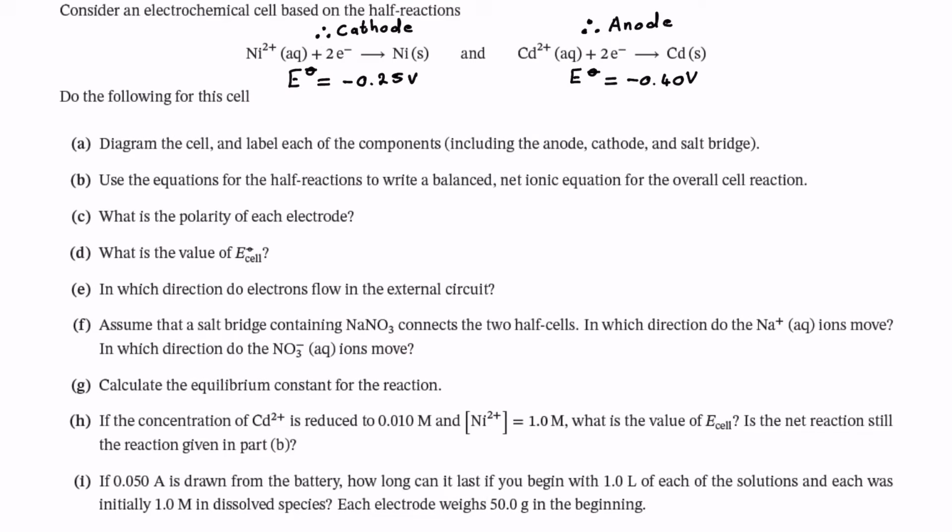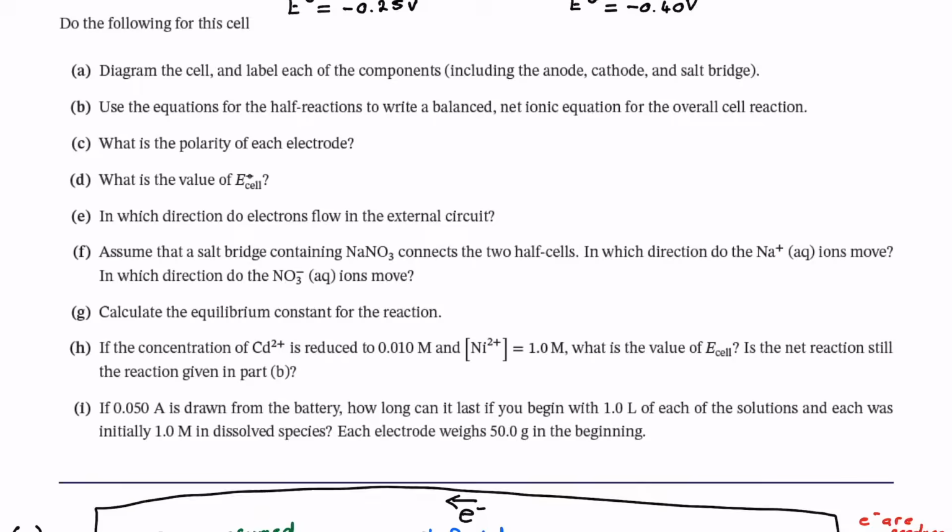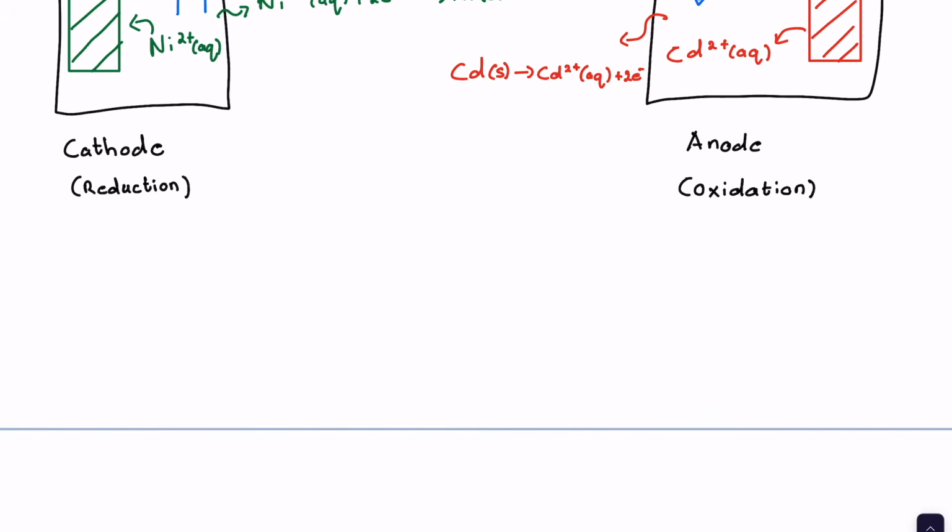It says to use the equations for the half reactions to write a balanced net ionic equation for the overall reaction. All right, so that shouldn't be too challenging, because we've already identified which reaction needs to undergo oxidation and which reaction needs to undergo reduction.